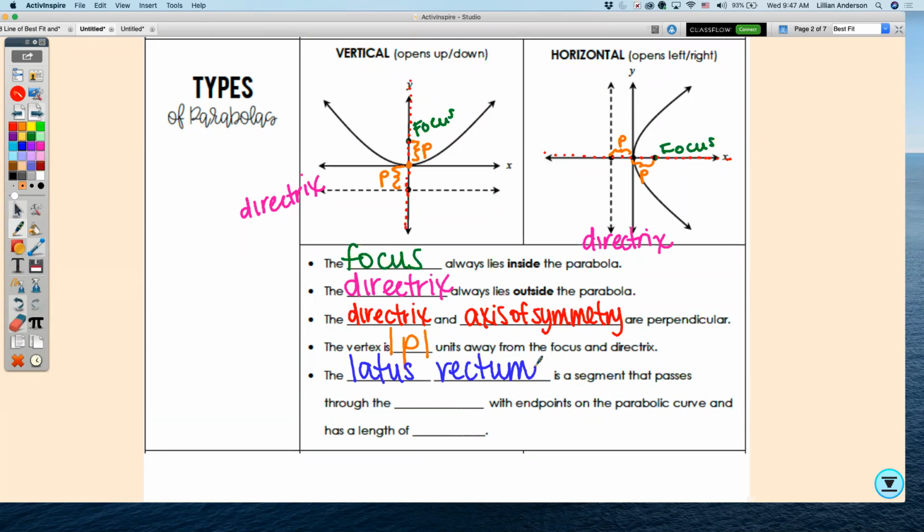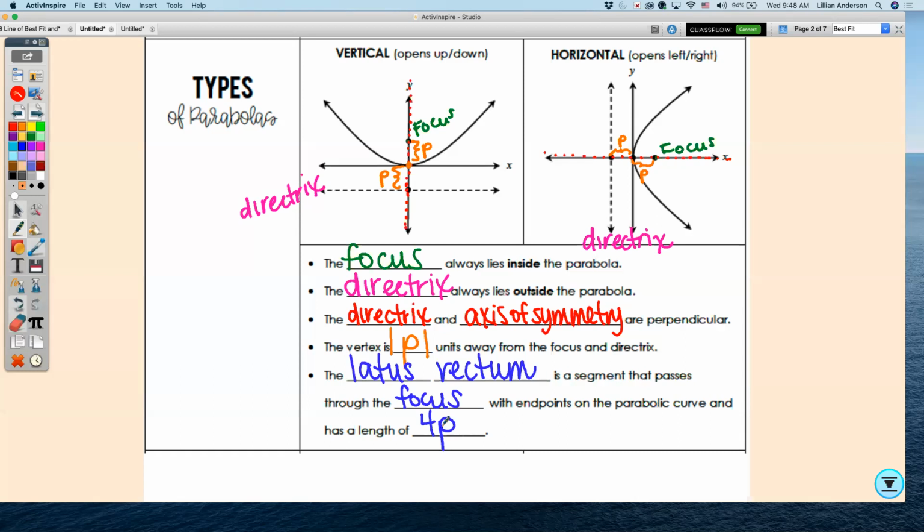Now the latus rectum is a segment that passes through the focus, okay? It passes through the focus and its endpoints are on the parabolic curve, and it has a length of 4p, right? So it is a segment that essentially helps us draw the parabola.